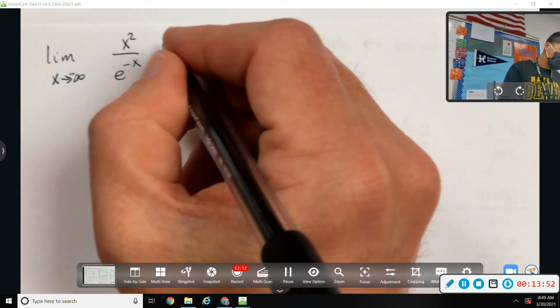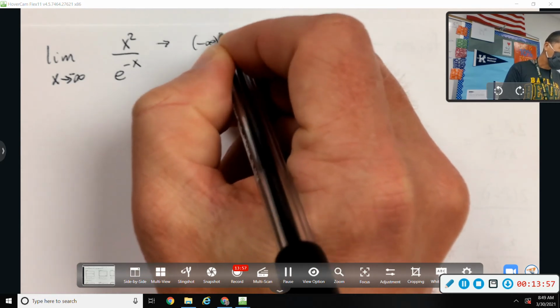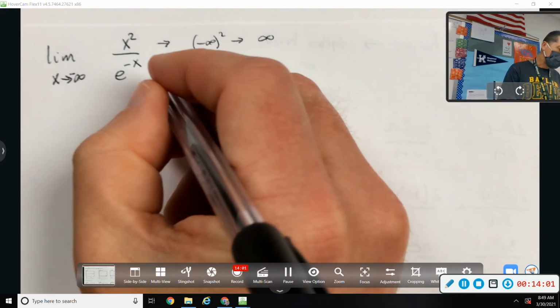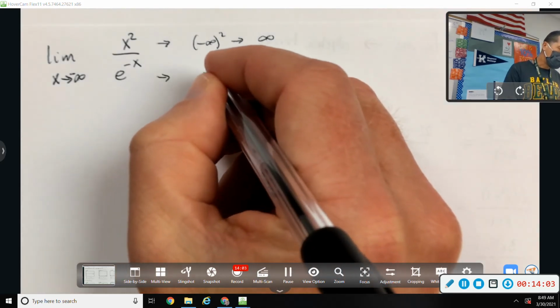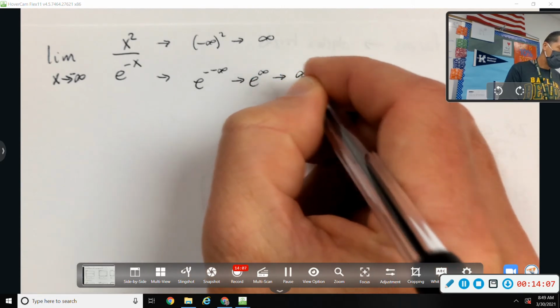So the top would go to, if I square infinity, I get infinity. The bottom would be e to the negative negative infinity, which is infinity.